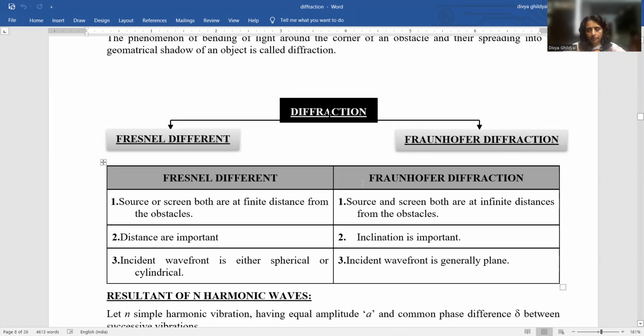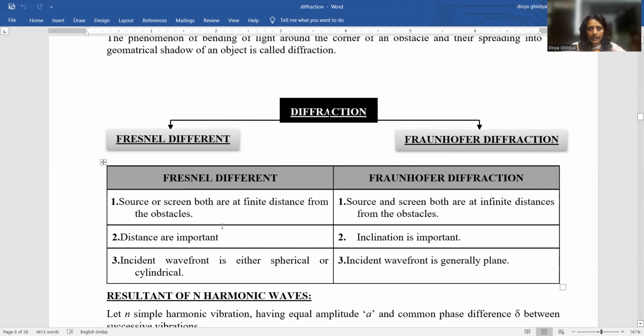There are two types of diffractions. This is a very favorite question of section A. Differentiate between Fresnel and Fraunhofer class of diffraction, a 2-mark question. In Fresnel class, the source or screen both are at finite distance from the obstacle. In Fraunhofer class, source and screen both are at infinite distance from the obstacle.